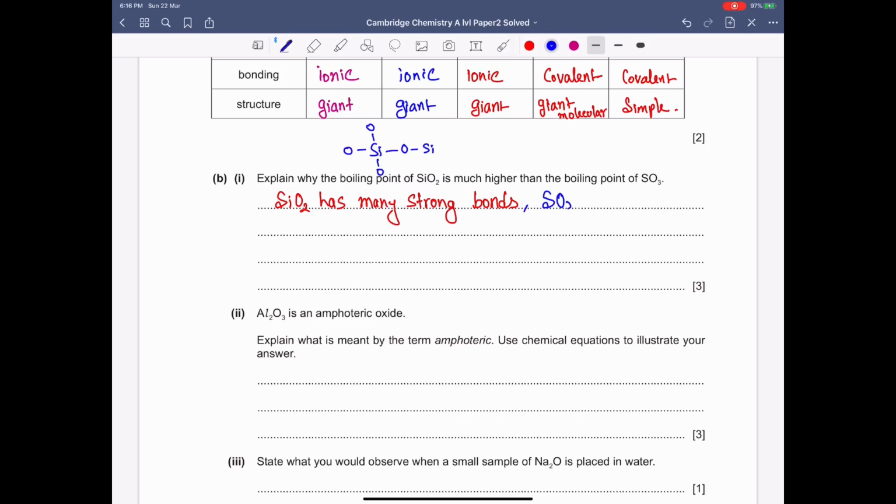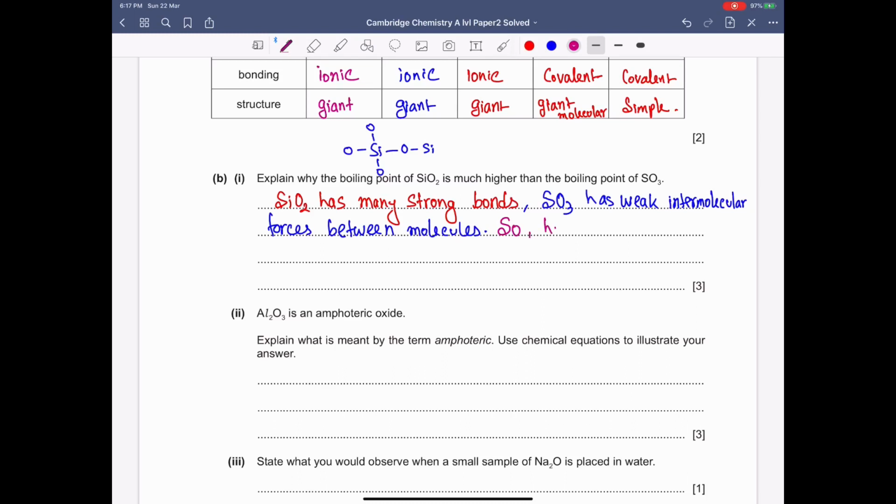whereas SO3 has weak intermolecular forces between molecules.